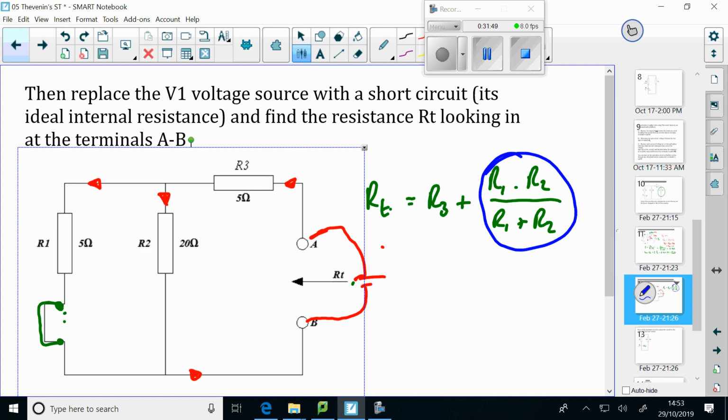But if you do it in one go, you're only going to round once. That's the only difference. So we put our numbers in. R3 is 5, R1 is 5 times 20 over 25. So that's 9 ohms, isn't it?